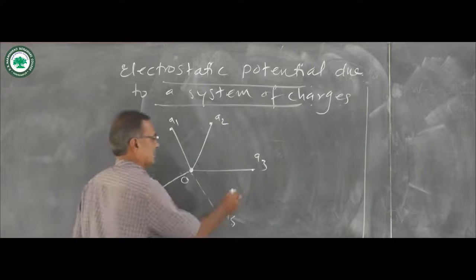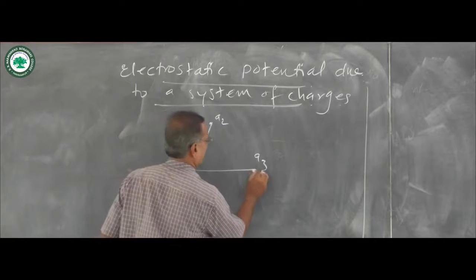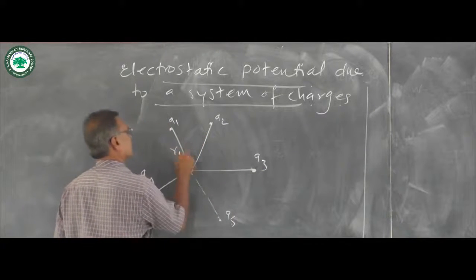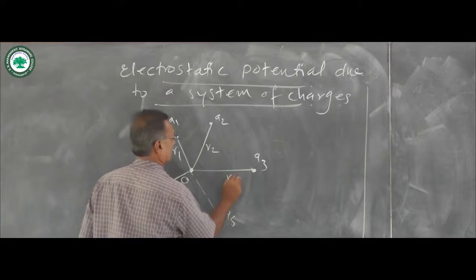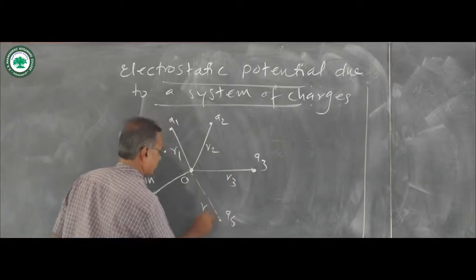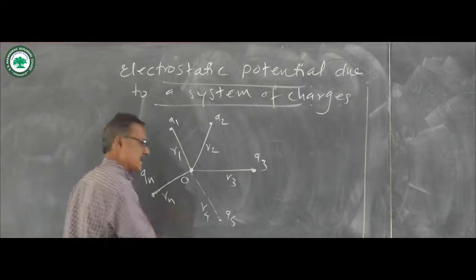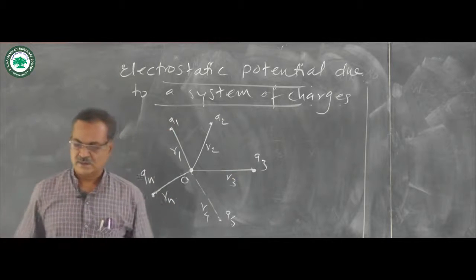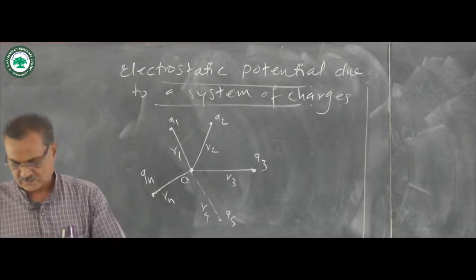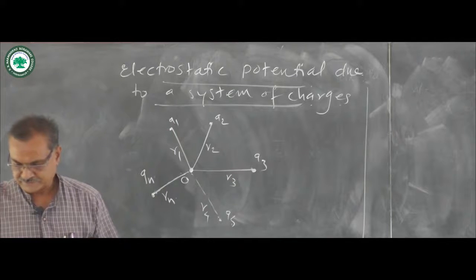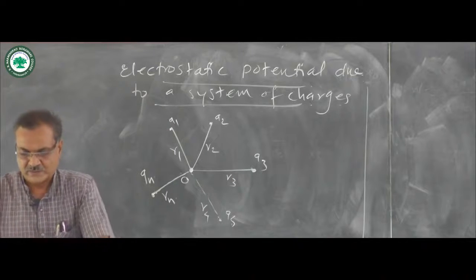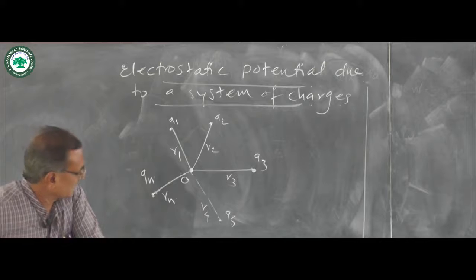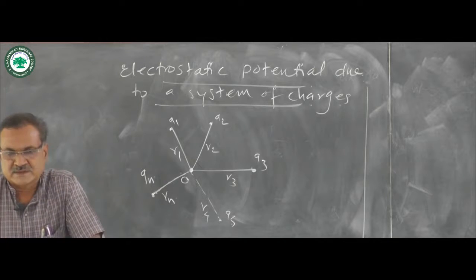These charges are situated at distances R1, R2, R3, R4 and Rn from the point respectively. So we have to find the potentials one by one due to each charge in the system.